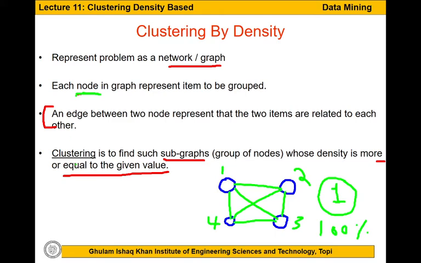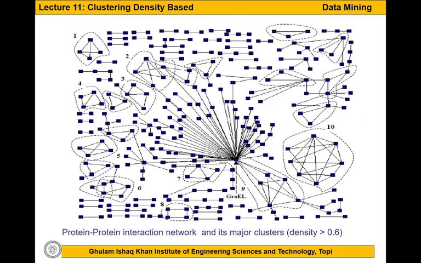So clustering is to find such subgraphs whose density is more than or equal to a given threshold, right? For example, this is a snapshot of a graph of a PPI, protein-protein interaction network, and this shows a set of clusters which have density greater than 0.6, right, greater than 60% density.